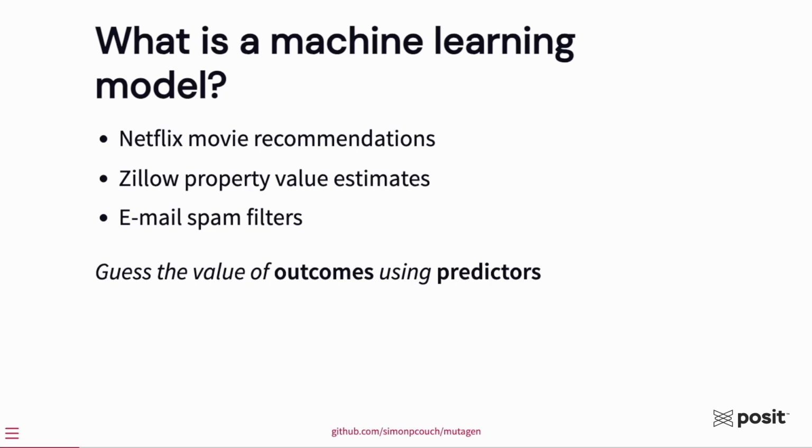For a Zillow property value estimate, that might be something like the square footage of the house or the apartment, how recently it was renovated, what area it's in. And for Netflix movie recommendations, that's things like your stated interests in movies that you're interested in to how long you spent watching movies in different subcategories.